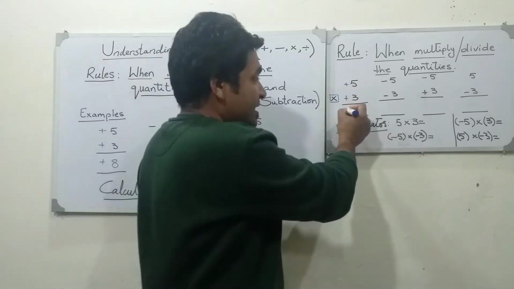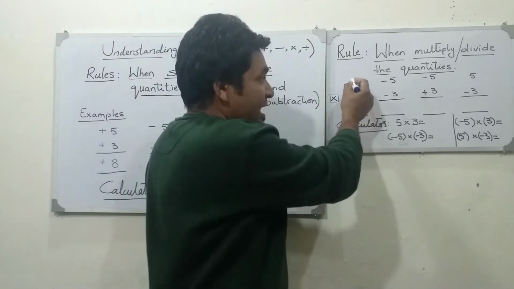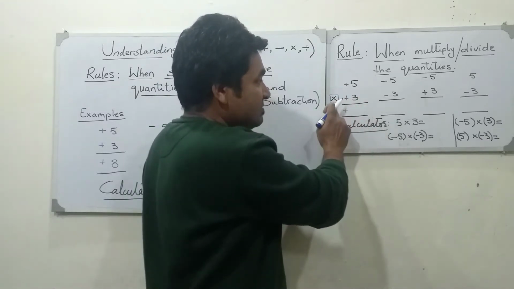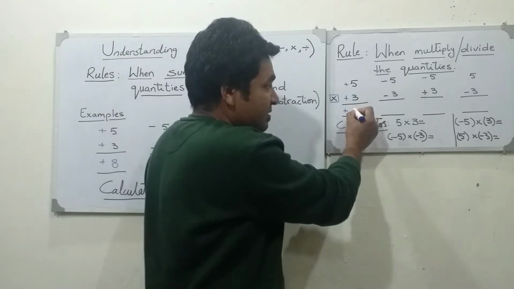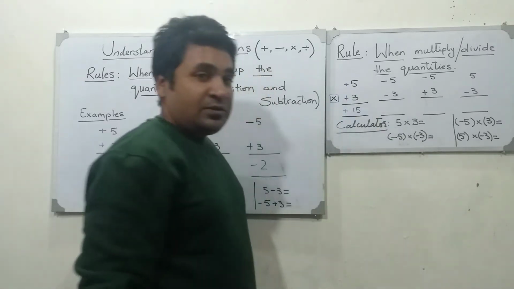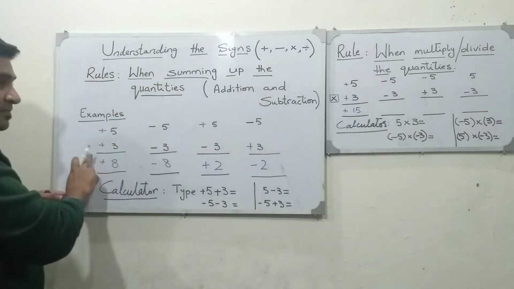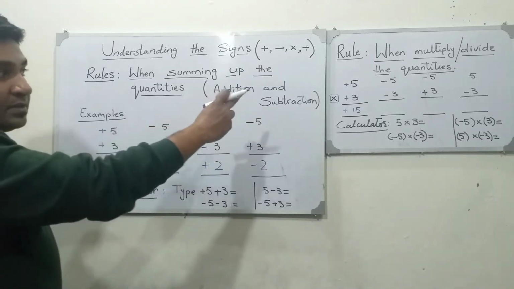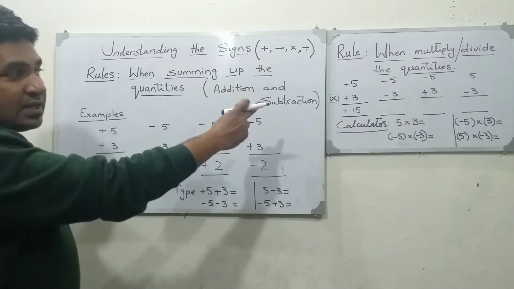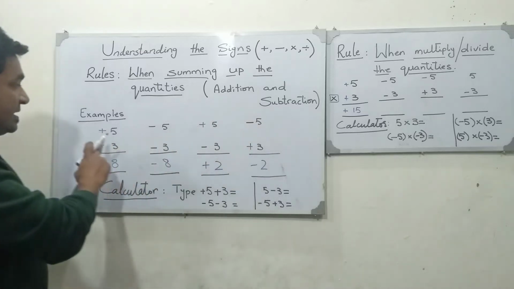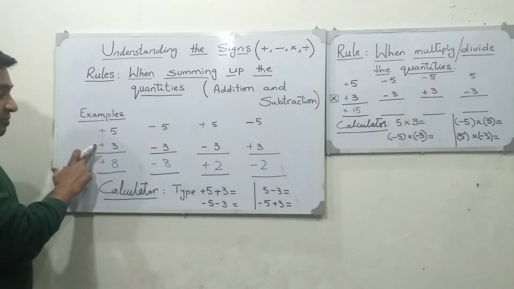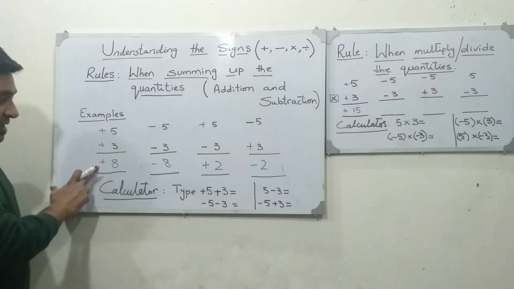So here you write the positive sign, and you multiply these numbers because we are multiplying, so its answer is 15. Now compare it with this: positive 5, positive 3, answer positive 15, and here positive 5, positive 3, answer positive 8.